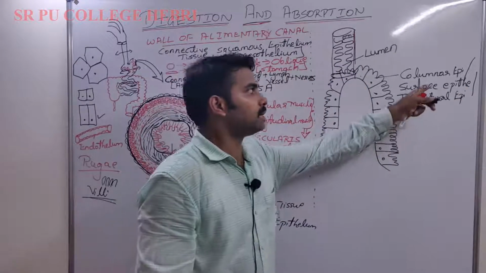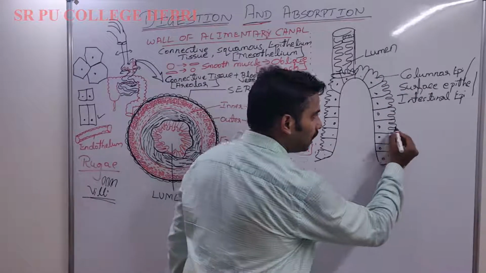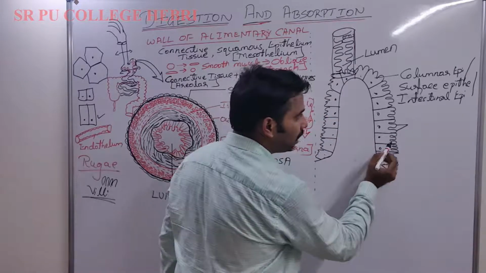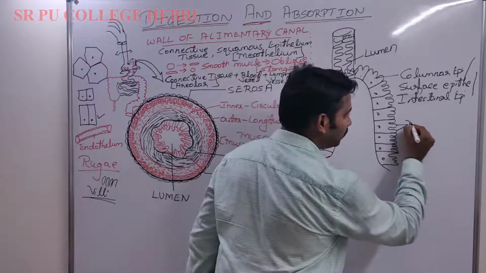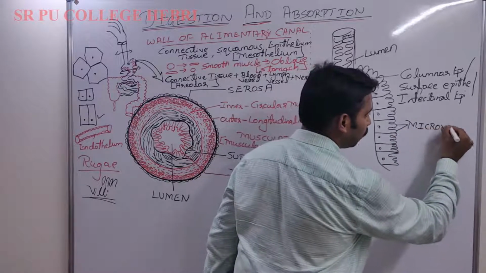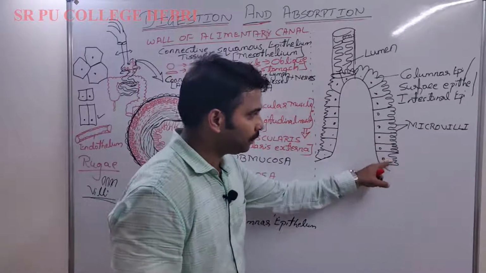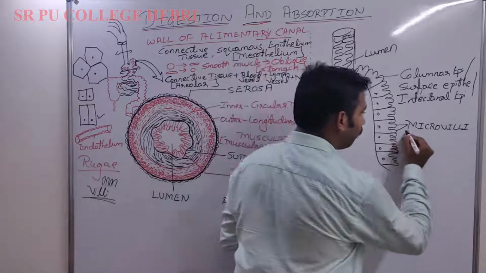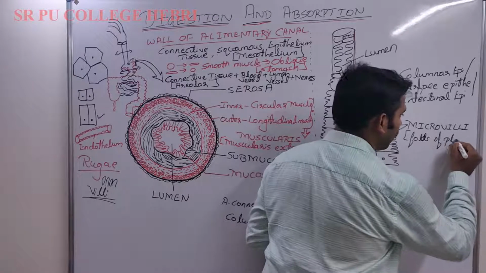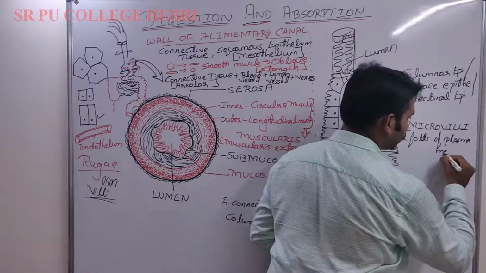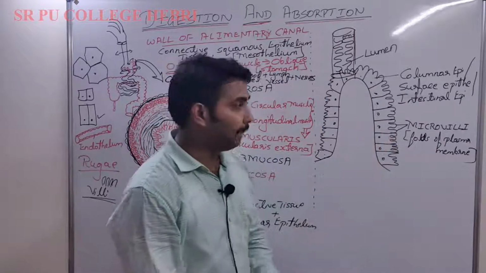Intestinal epithelium, surface epithelium, nothing but columnar epithelium, which bears a large number of plasma membrane or cytoplasmic folds. These folds are called what? Microvilli. Columnar epithelium bears folds of the plasma membrane, the outermost membrane in the cell. These folds of the plasma membrane are called microvilli.